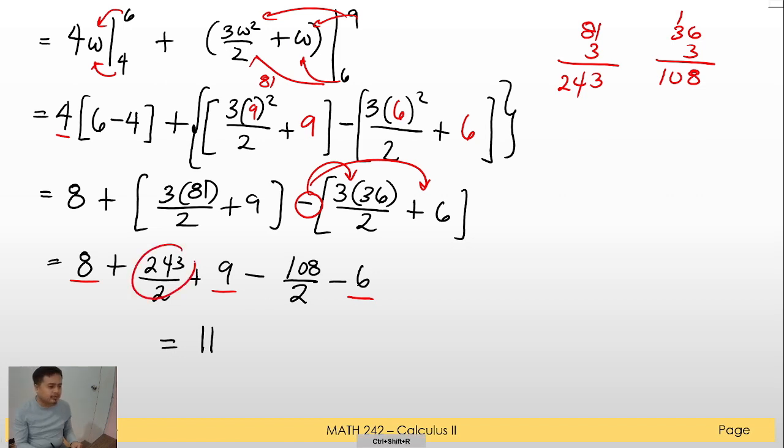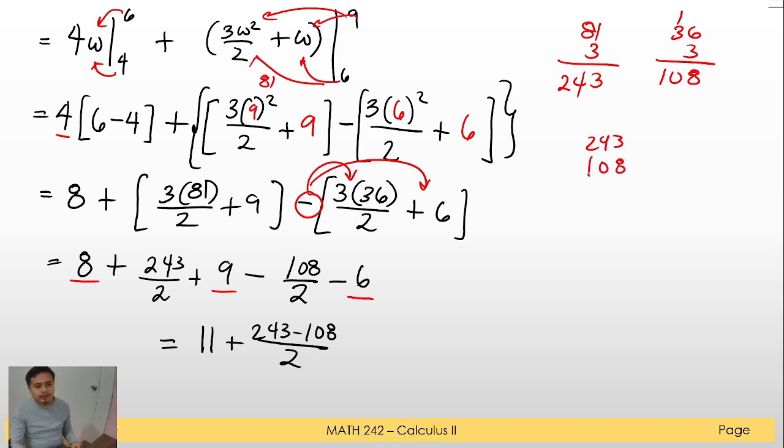Okay? And then for this over 2, we have plus 243 minus 108 over 2. So 243 minus 108 is 135. So we have 11 plus 135 over 2. But we have to combine this into one fraction.